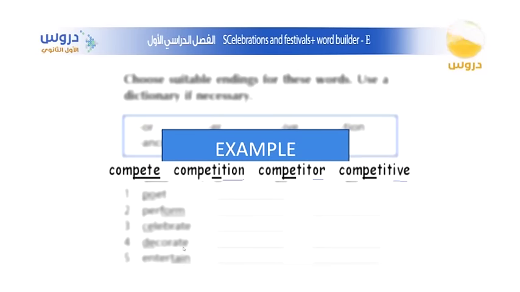These endings, I mean by endings, the parts that we add at the end of the word. Let me type this for you. Endings, they are called suffixes, all right? T-I-O-N, O-R, T-I-V-E.